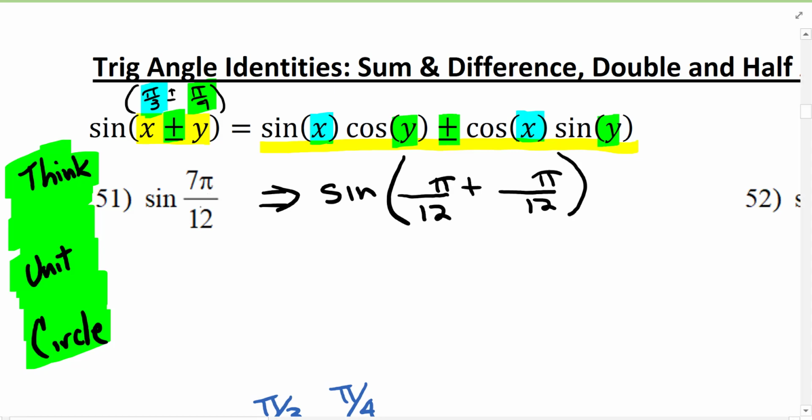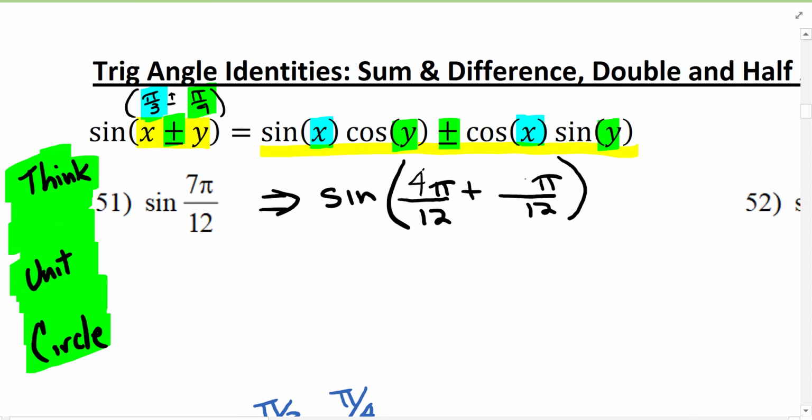So notice 7 pi twelfths is not on the unit circle. So we have to come up with two numbers that are on the unit circle that add up to 7 pi twelfths. Well, what about 4 pi twelfths and 3 pi twelfths? They add up to 7 pi twelfths, and then look at what can happen. 4 and 12, 4 cancels to 1, 12 cancels to 3.